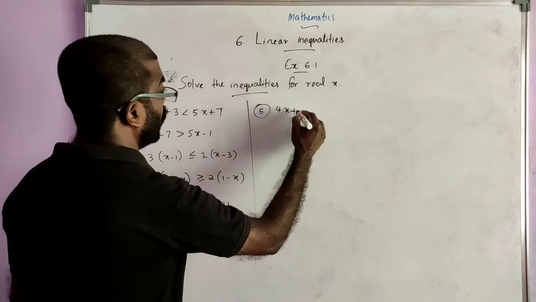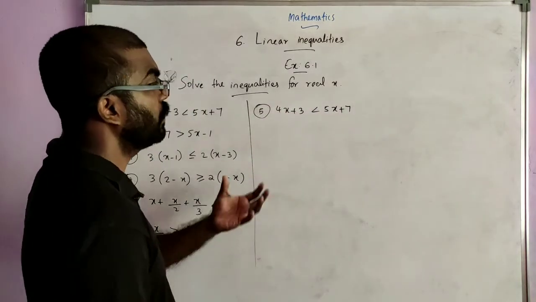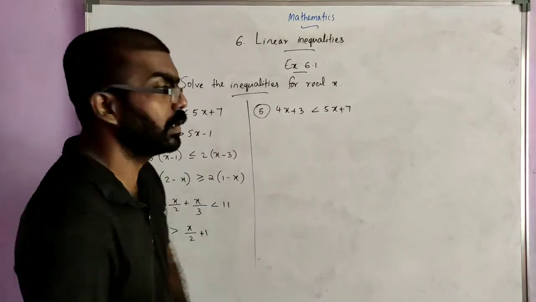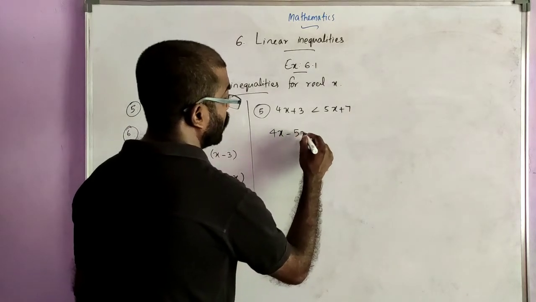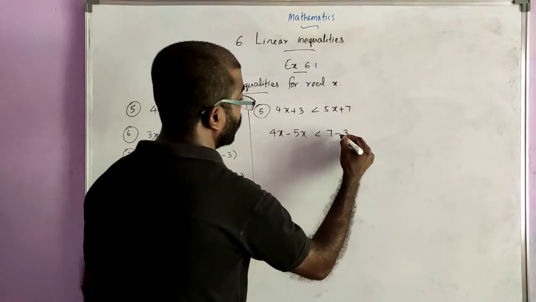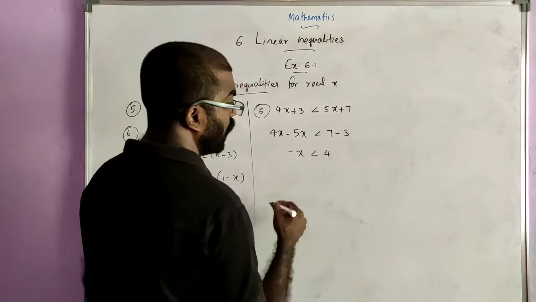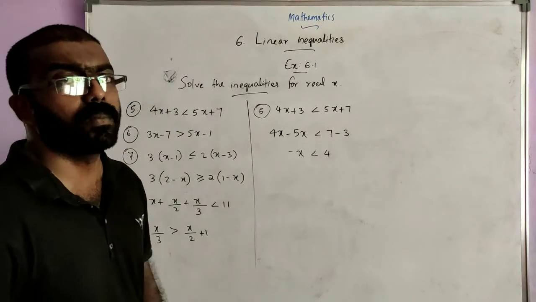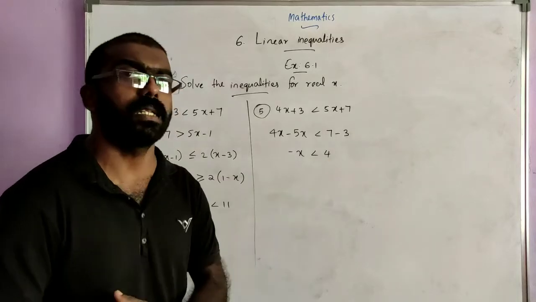4x plus 3 less than 5x plus 7. First of all, we can collect the variables to the left side and constants to the right side. So 4x minus 5x less than 7 minus 3. Minus x is less than 4. And in order to get the value of x, we have to divide both sides by minus 1. And definitely the sign of the inequality gets reversed.